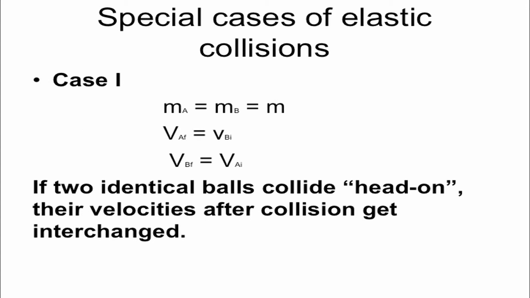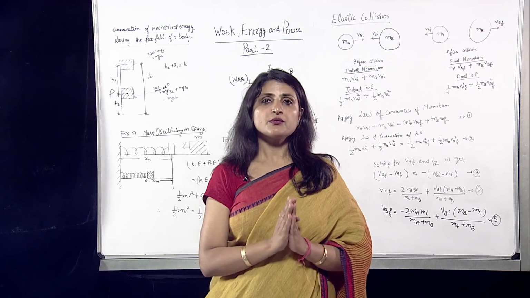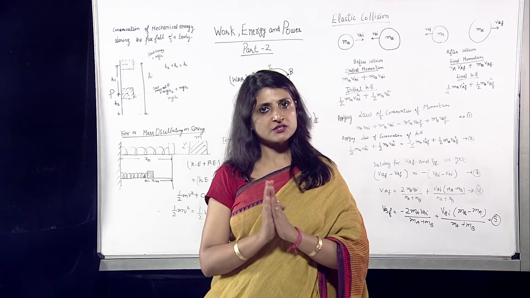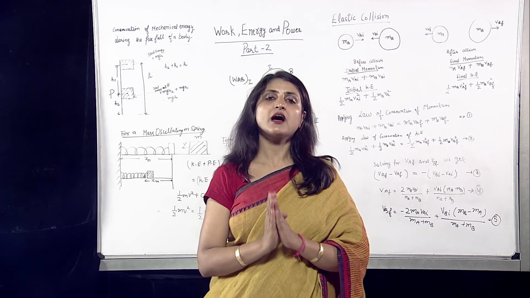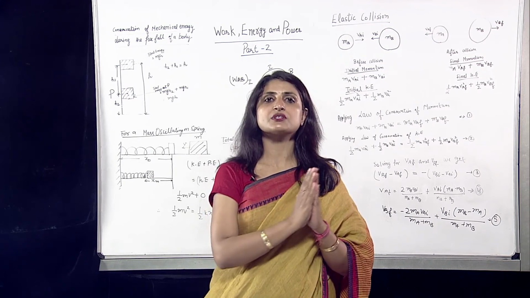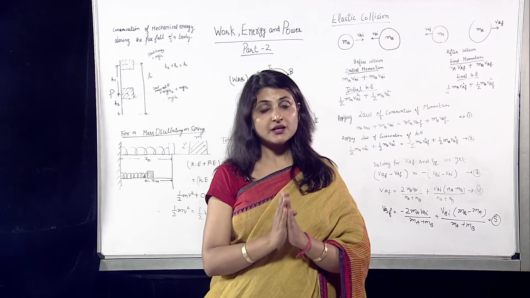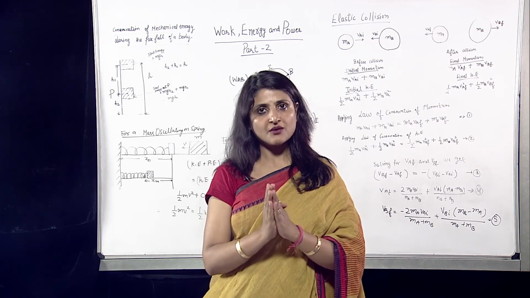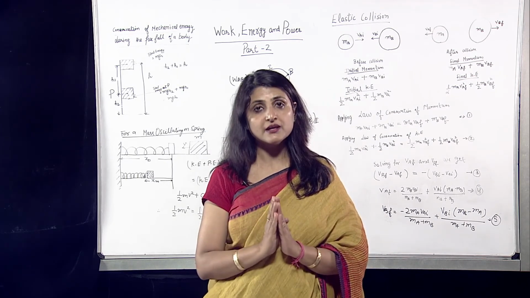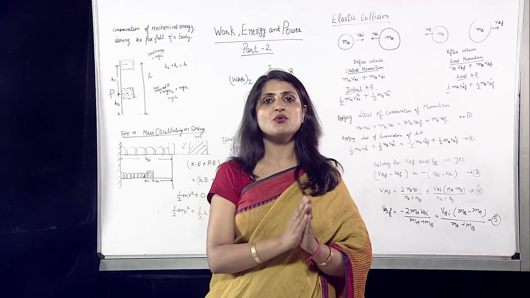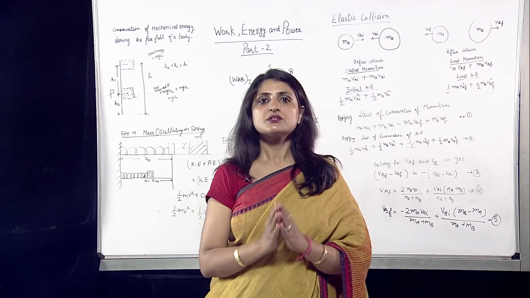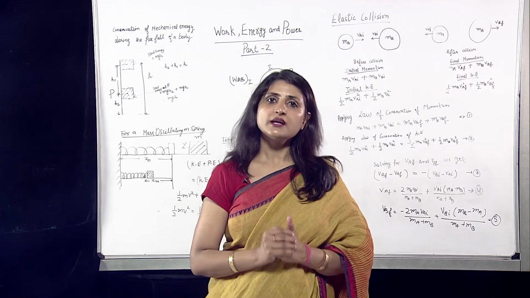This means that if two identical balls collide head on, their velocities after collision get interchanged. If A was moving with the velocity VAI, then after collision it moves with the velocity VBF. Similarly, if VBI was the velocity of mass MB, then after collision it moves with the velocity VAF. Simply, their velocities are interchanged.